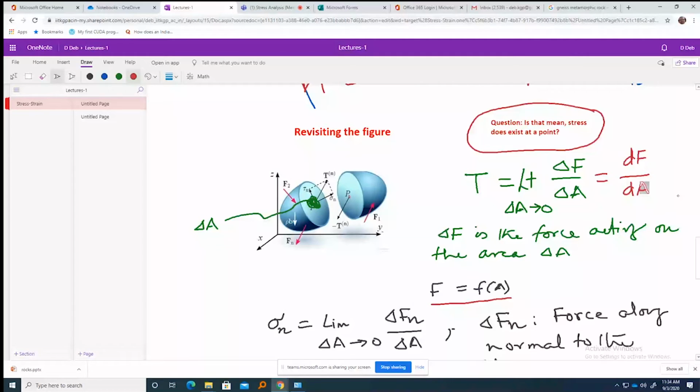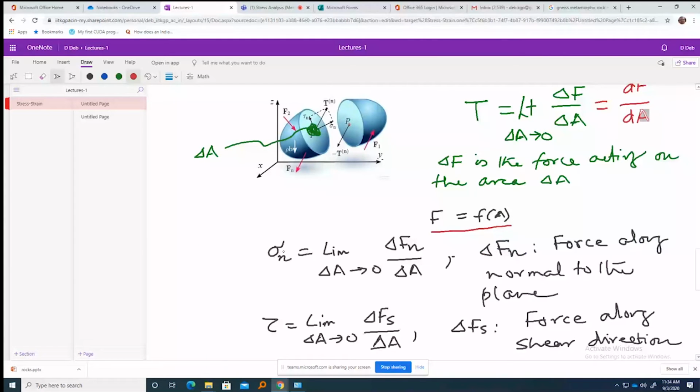So similarly, for the normal stress, it will be the limit as delta A tends to 0. Again, this force Fn, I have given a subscript n here, and this n is just to mention that it is the normal, and tau is our shear. So this is very easy to distinguish.